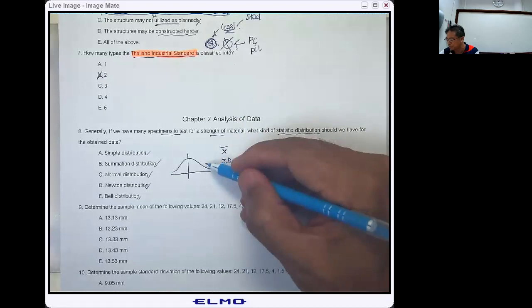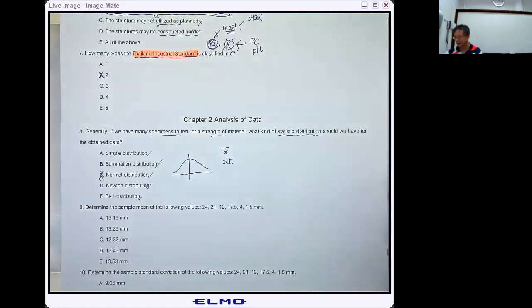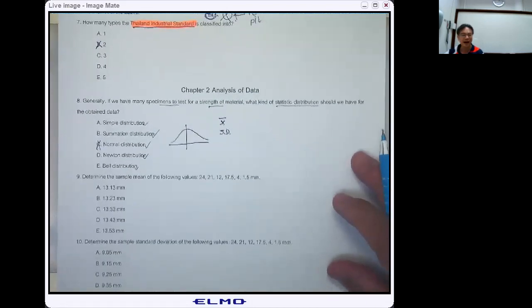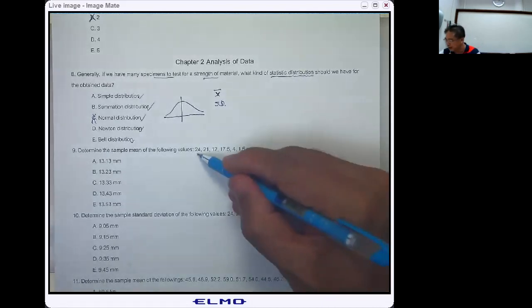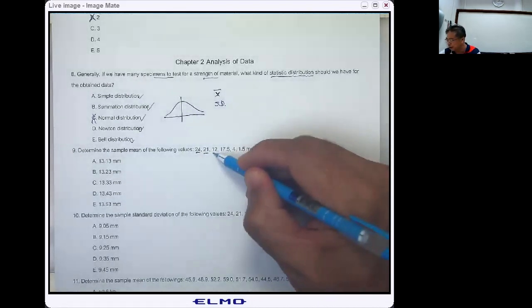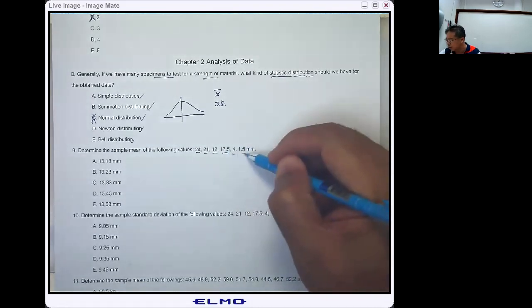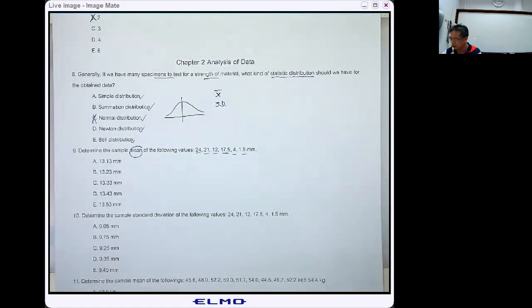And we can compute for the normal distribution. Okay, and then if you do the test and you get some data, for example, the data of 24, 21, 12, 17.5, 4, 1.5, can you compute the mean of this?